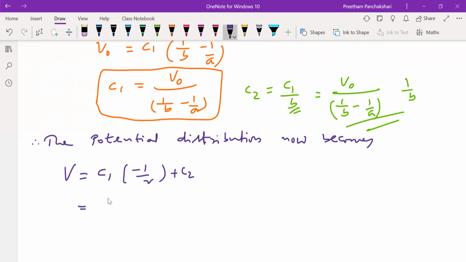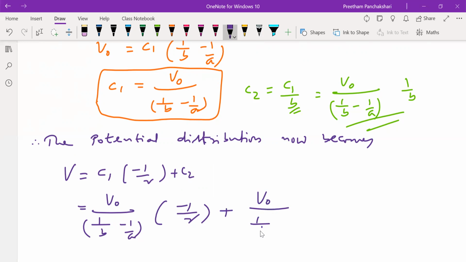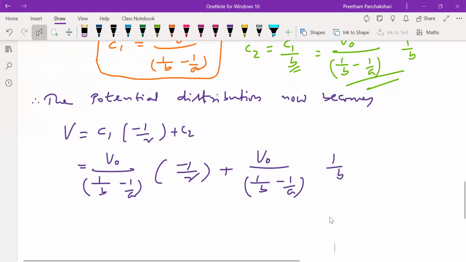In place of C1 we write V naught by 1 by B minus 1 by A, minus 1 by R. In place of C2, we have V naught divided by 1 by B minus 1 by A into 1 by B. This term is coming from C1, and this is from C2.